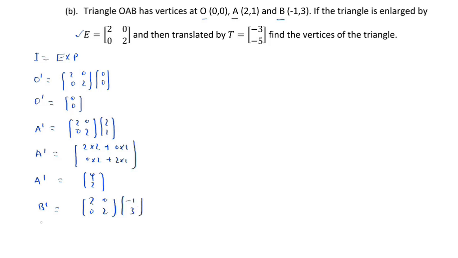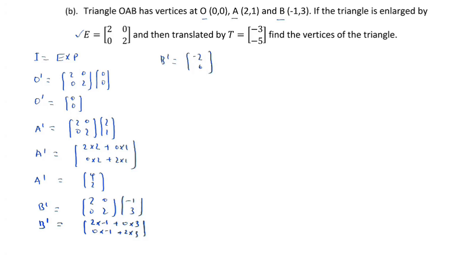We are going to have B image equals matrix 2 times -1 plus 0 times 3, 0 times -1 plus 2 times 3. After solving the values, we have B image equals matrix -2, 6.